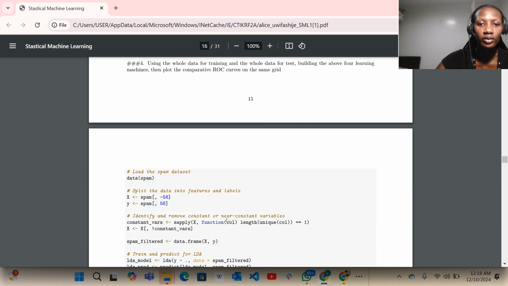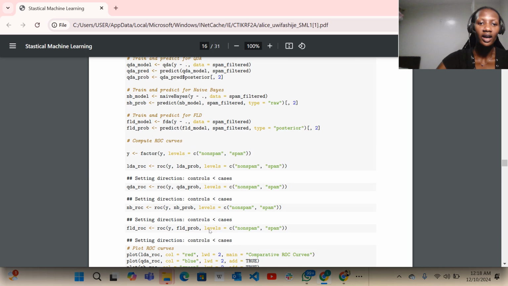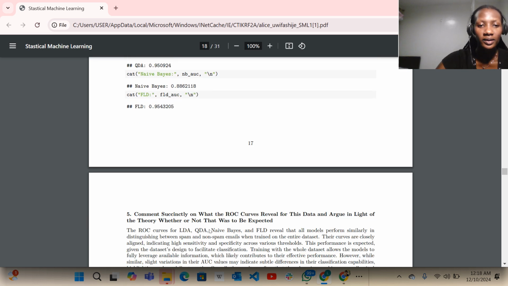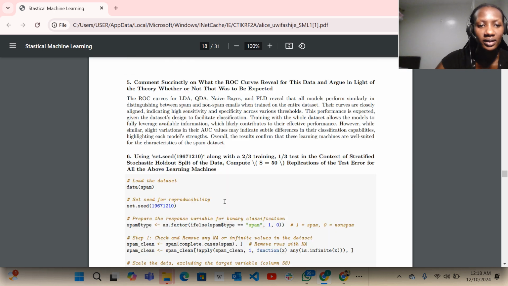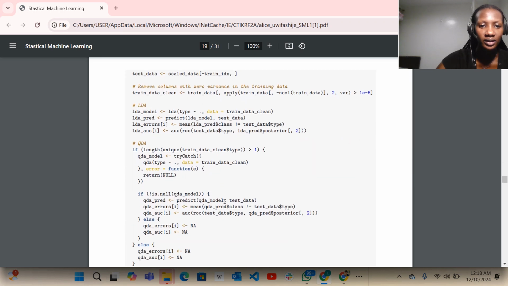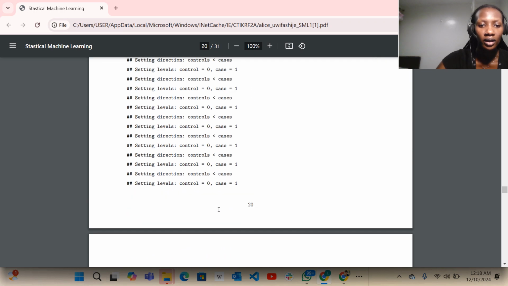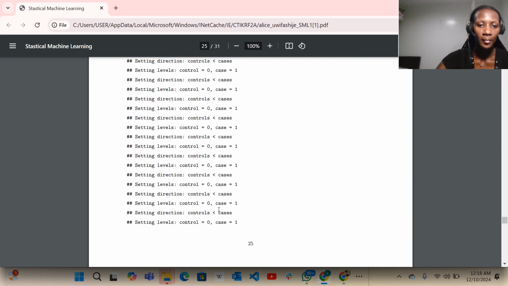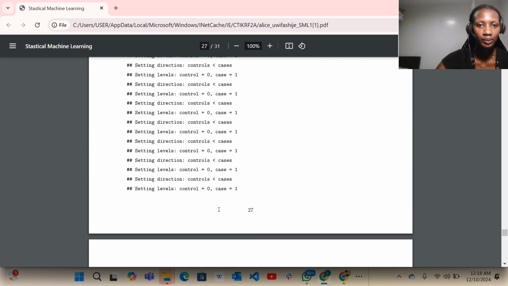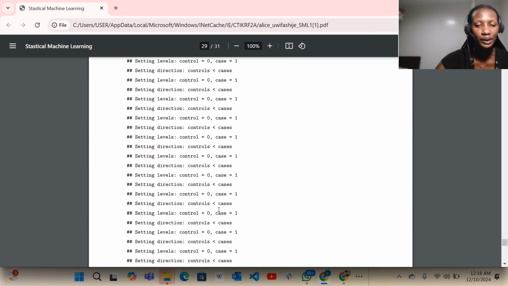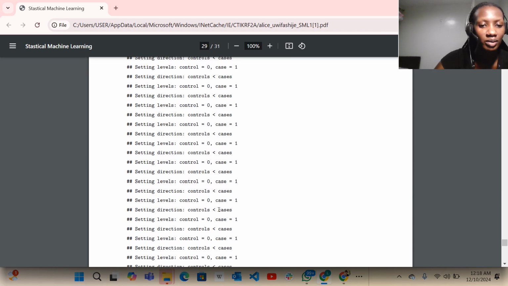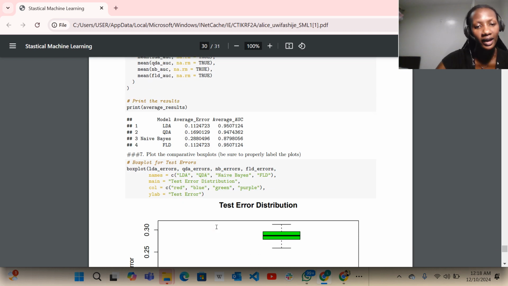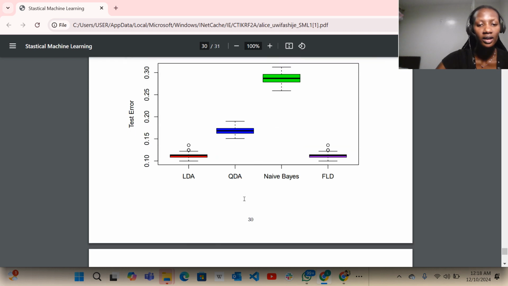The behavior of these 4 machines is represented by box plots, and these box plots show that 2 of them, QDA and FLD, have similar behavior, while naive Bayes has the highest test error.